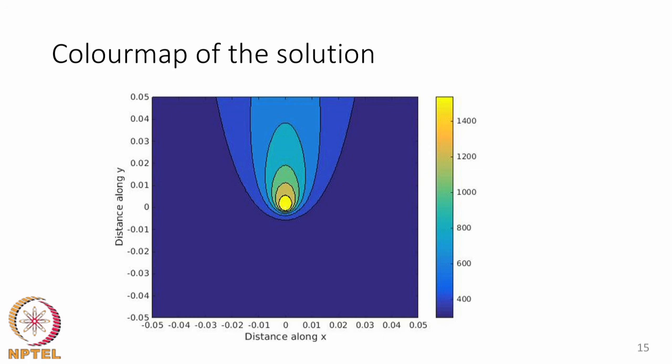So, I am showing you here what is called the filled contour plot, which means that between contours we have the colors that are filled, so that you can see a visual appearance that is similar to how a real weld would look like. The color map that is used is shown in the right hand side, and you would see that at the center of the weld you have a light color, yellow color, showing you that is the molten part, and then as you go away you can see how the temperature is going.